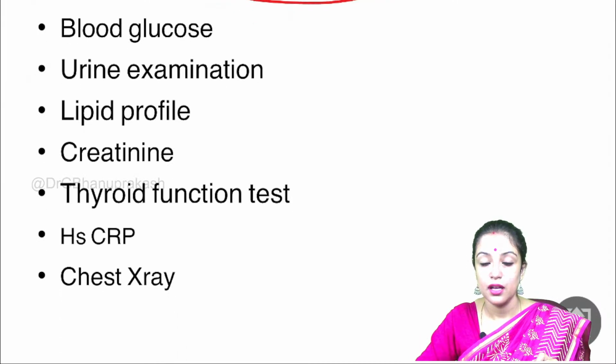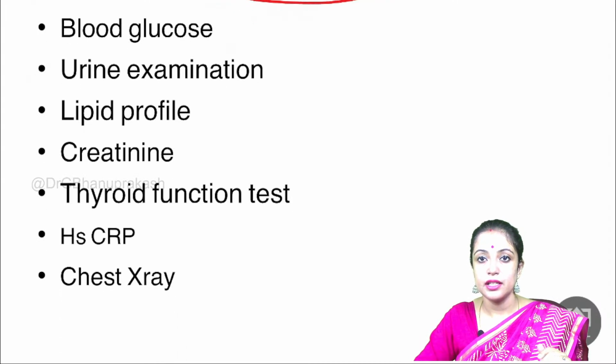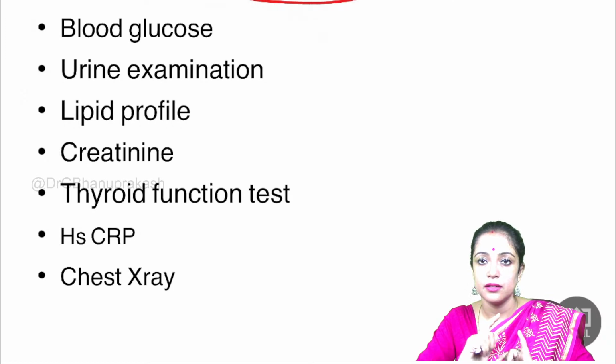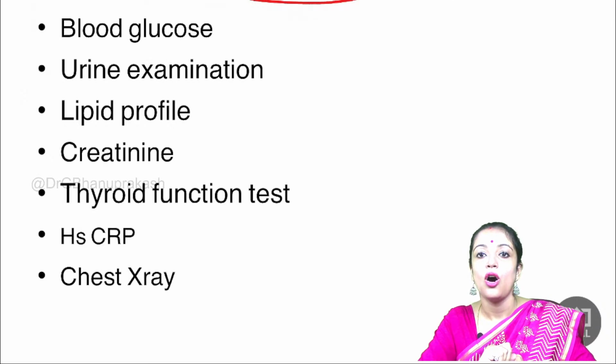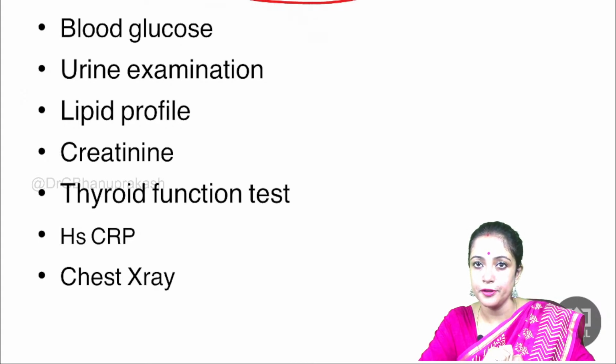Lab tests. The investigations till now that I was discussing, that is ECG, then stress ECG or treadmill test, or pharmacologic stress with cardiac imaging, that is two-dimensional echocardiography, or coronary arteriography and coronary CT or MRI arteriography, are mainly for the confirmation of our diagnosis.